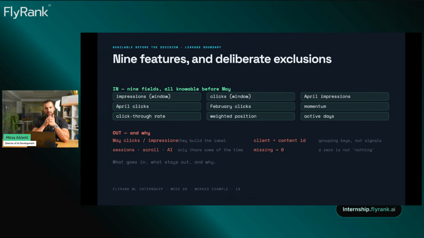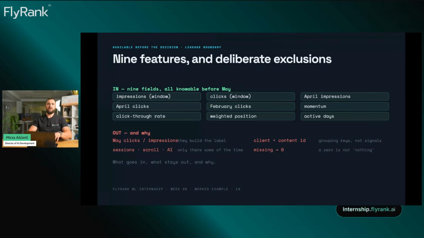Okay, 9 features and deliberate exclusions. The model gets 9 fields, and every one of them exists before May. And so we have total impressions and clicks over the window, April impressions and clicks, February clicks, momentum from April against February, CTR rate, weighted position, and active days.